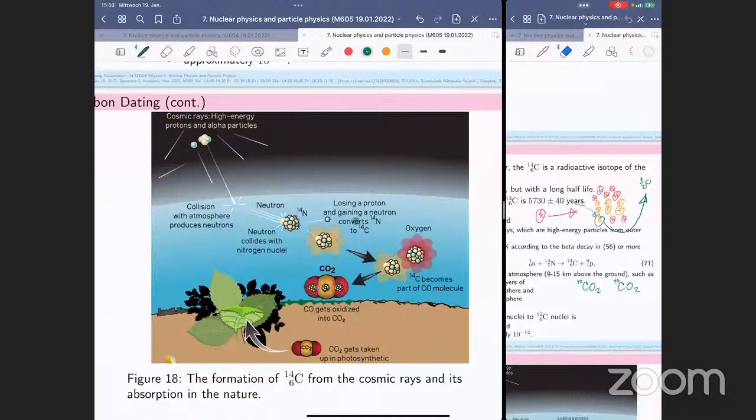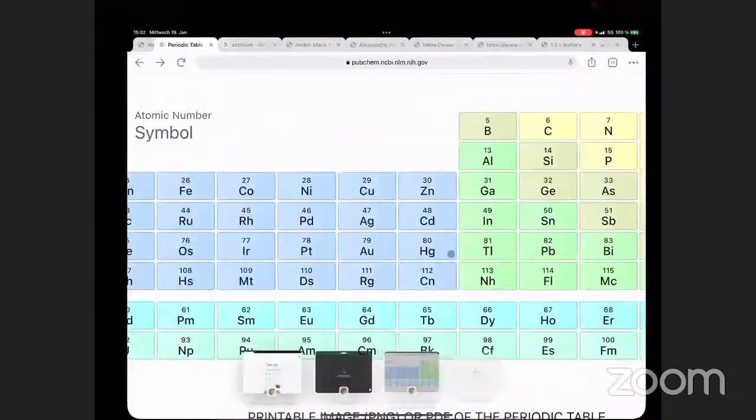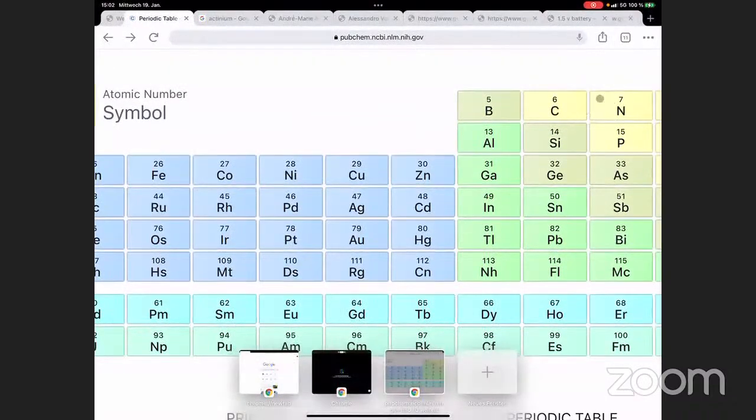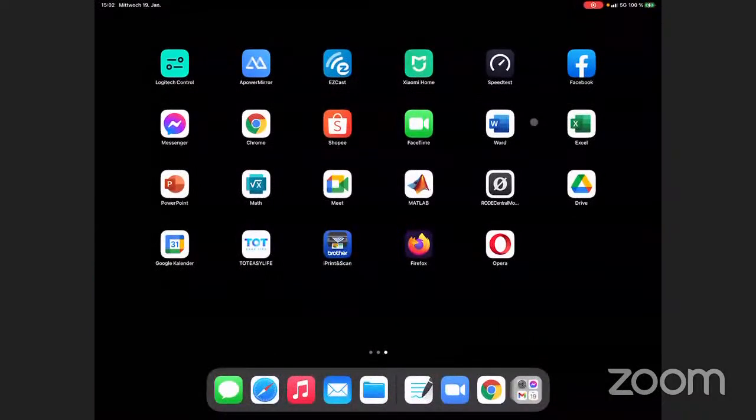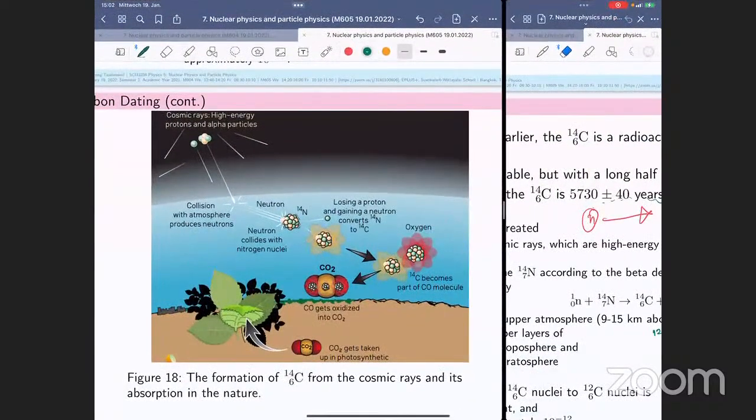It changes nitrogen 14 to become carbon 14, because we reduce the number of protons by one, we get a smaller element from this one, right? Nitrogen becomes carbon. We reduce the number of protons by one. We don't need that, but it takes place in nature.